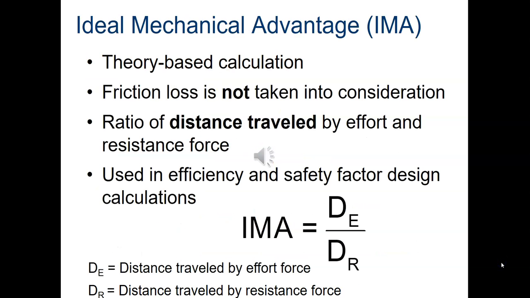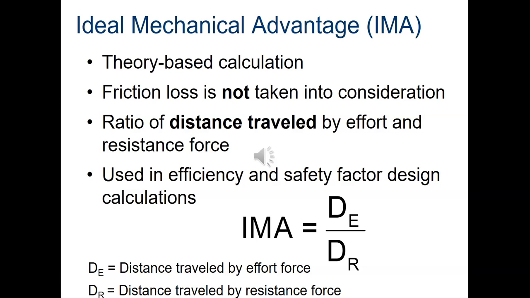When we look at an ideal calculation, it's theory-based. It's not happening actually or in real life. We're going to ignore friction. You know, when you slide that block up the inclined plane, friction's in there, but we're going to ignore that for now. The ratio of distance traveled by effort and resistance force is what we're looking at. So we use this calculation for efficiency and a safety factor design for calculations.